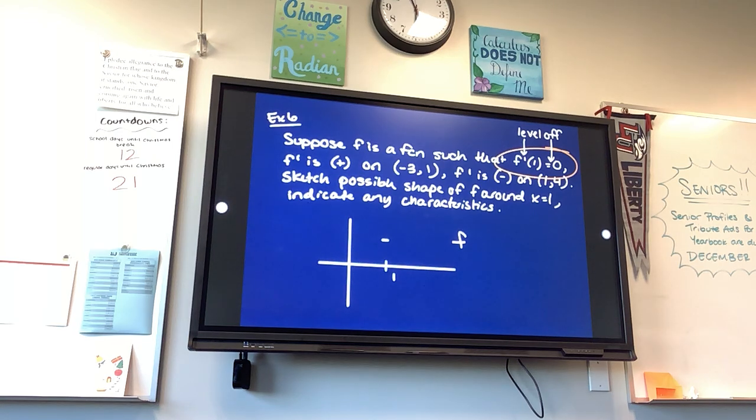I'm looking for the actual interval. The interval is -3 to 1, right? -3 to 1 is the interval on the left side of 1. And what you're telling me is that f prime is what? No, f prime is positive. What is f doing? Increasing. So on the left side of 1, f is increasing.